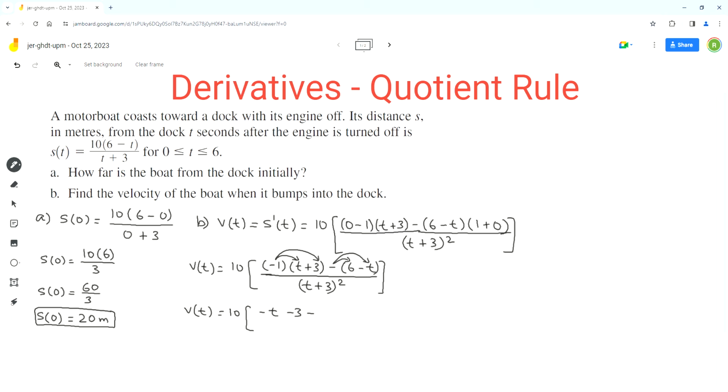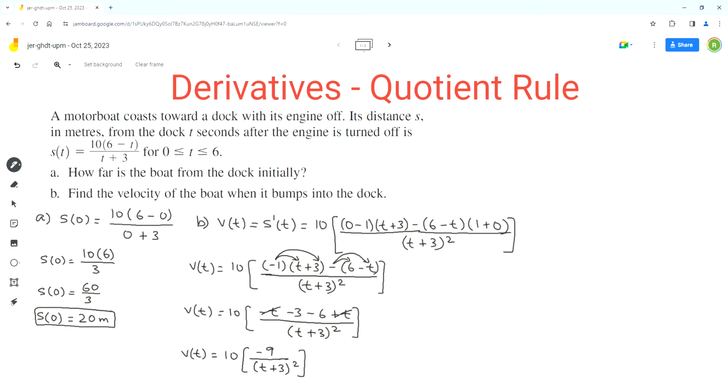So we get negative 6 plus t over (t + 3) squared. Now we can combine like terms in the numerator. So negative t and positive t cancel each other out. So we get v(t) equals 10, and in the numerator, we get negative 9 over (t + 3) squared.